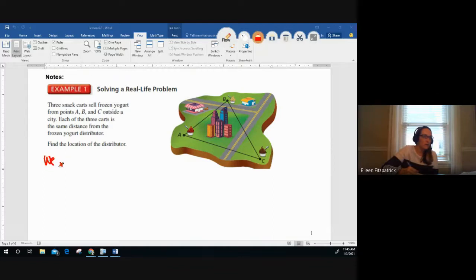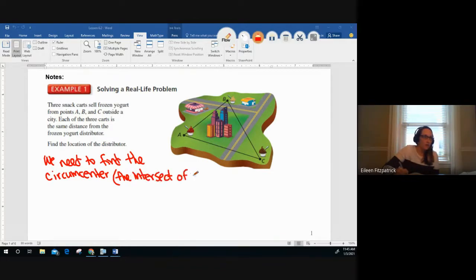We need to find the circumcenter, which again is the intersection of the 3 perpendicular bisectors. All right, because this circumcenter is equidistant from the three vertices.